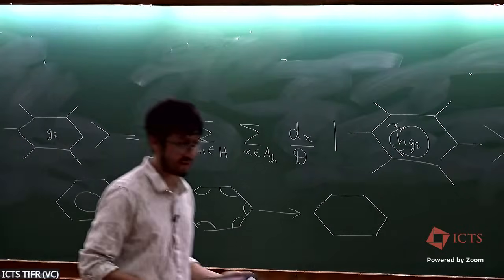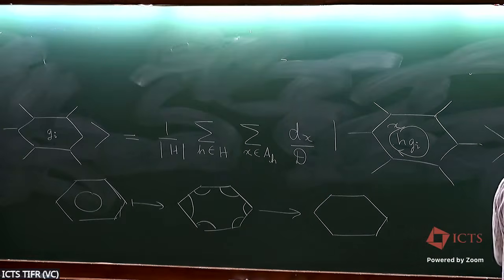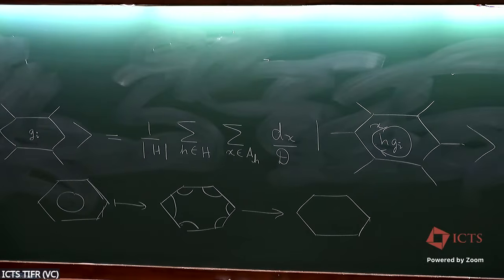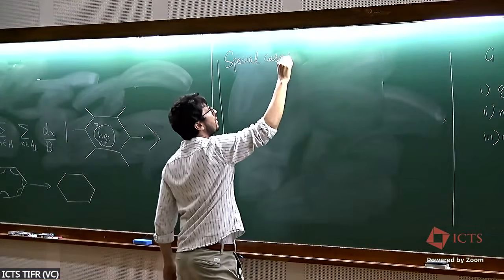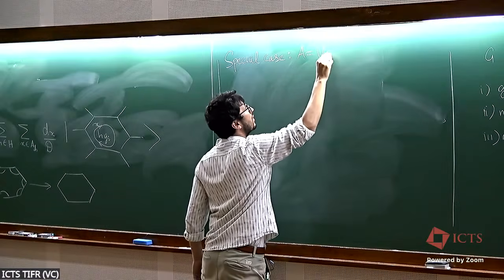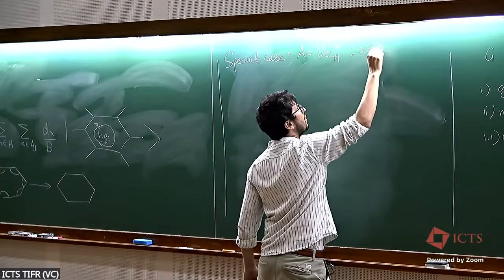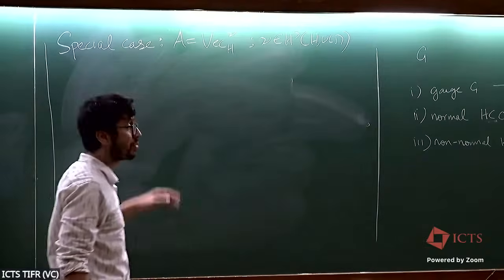By the way, the special case where A is just Vec H, this just corresponds to twisted gauging.